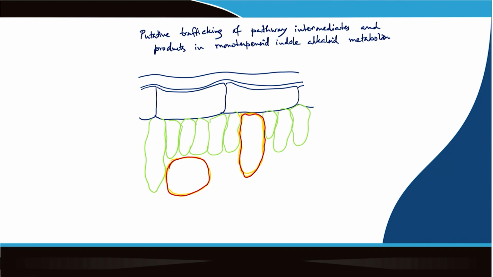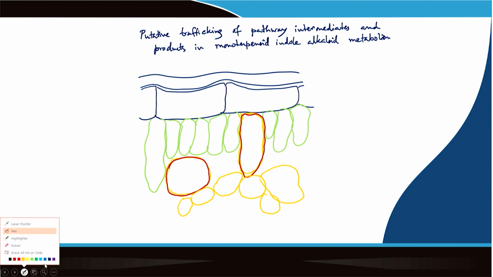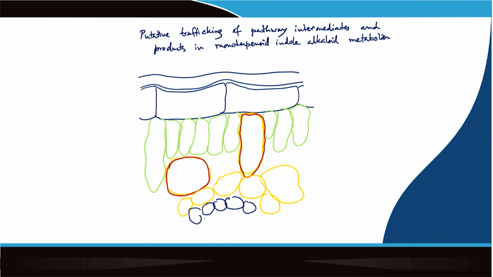You have spongy cells, so these are the vascular tissue.